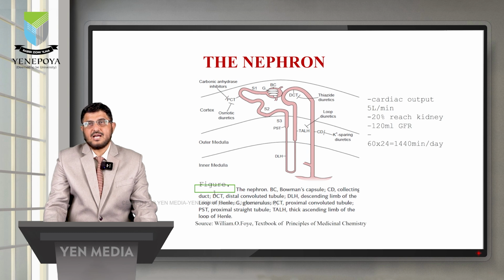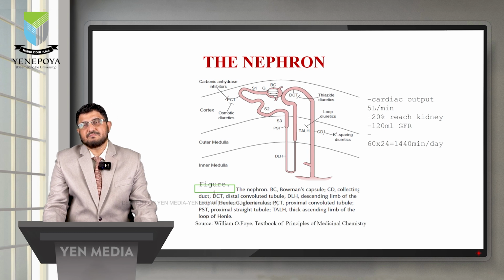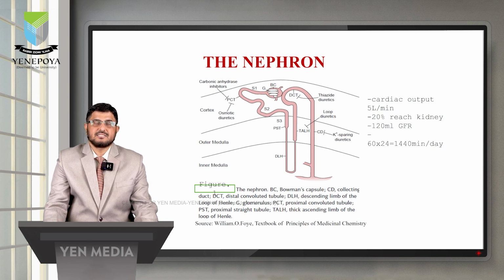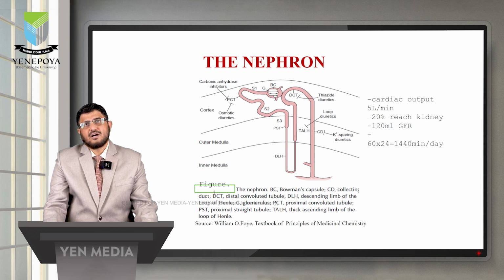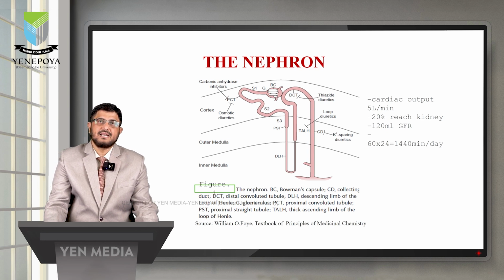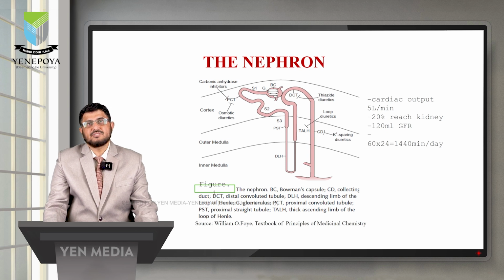If our cardiac output is 5 liters per minute, the amount of blood that reaches the kidneys is only 20%, which is approximately 1 liter per minute. Out of 1 liter, how many ml of blood is filtered? In this we will come to know how much urine is formed.